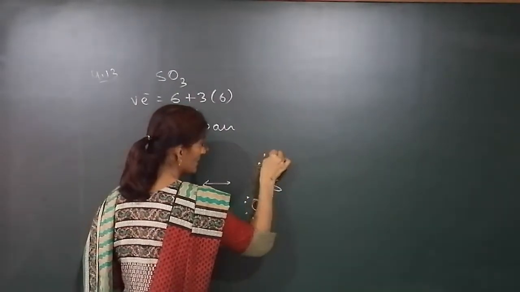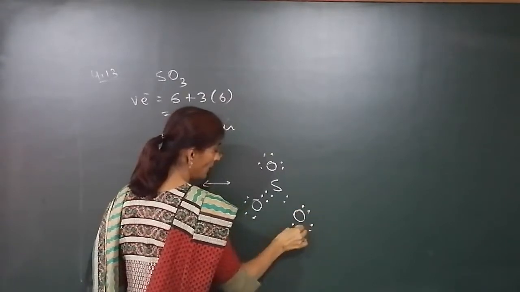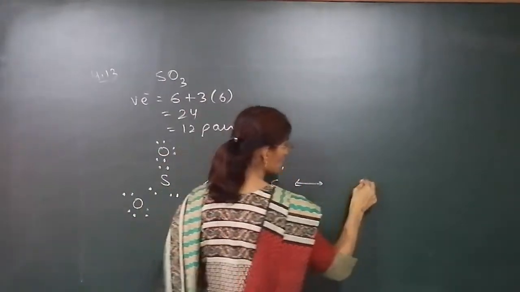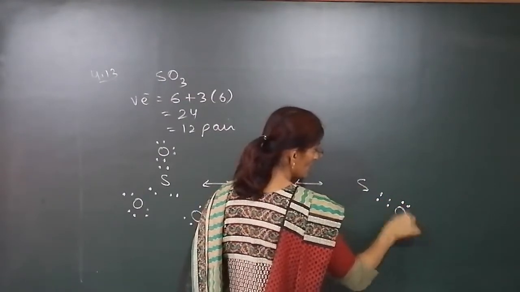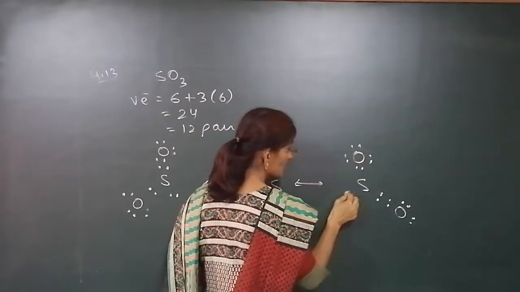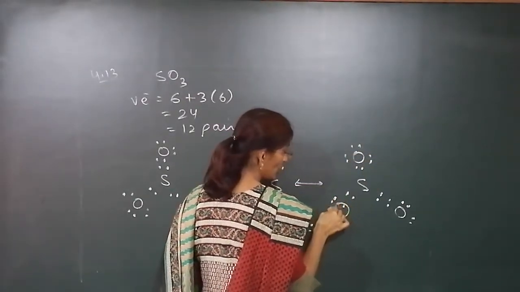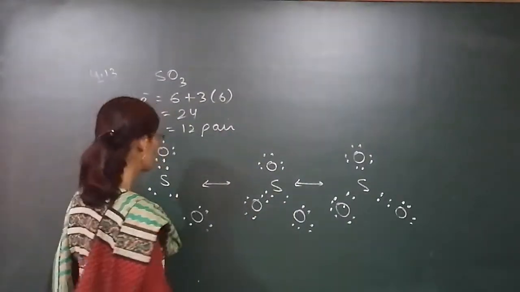This is the second Lewis dot resonating structure. Or third, we can shift from this oxygen this way. A lone pair becomes a bond pair, so that the octet of sulfur is also completed. So three structures form.